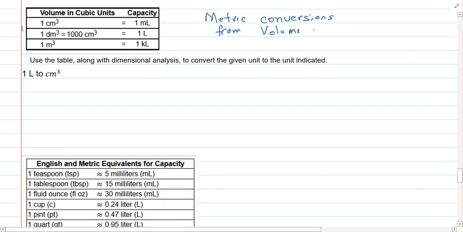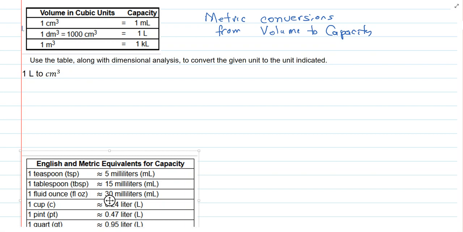From volume to capacity. So again, we're looking at 1 liter to centimeters cubed. So we're looking at capacity to volume. How much will we have to build to contain that 1 liter?